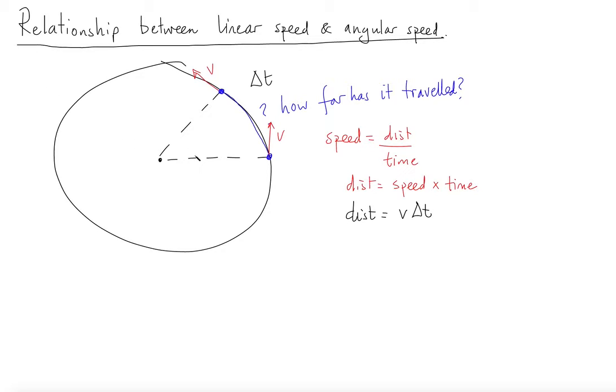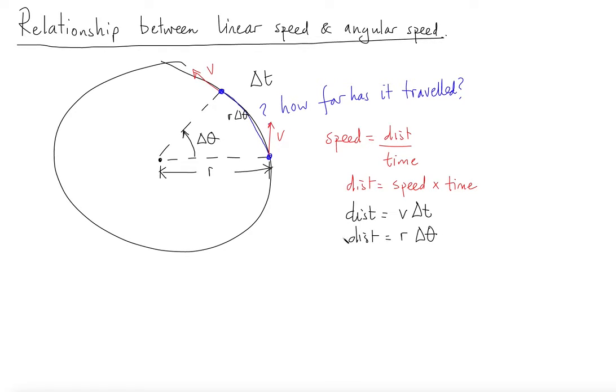But we've also defined that it swept out an angle delta theta over that same time, and remember that the radius of the circle is r. Therefore, this arc length, this is an arc of the circle, has length r delta theta. So this distance is also equal to r delta theta.